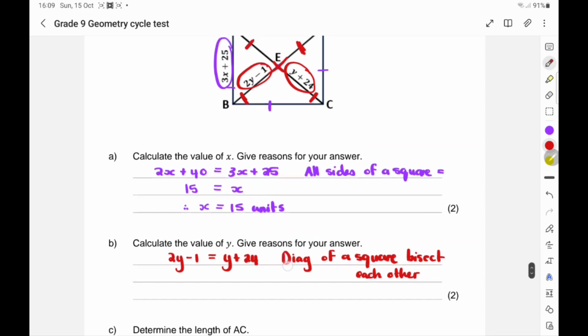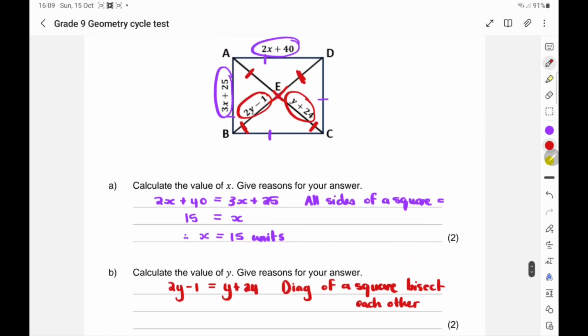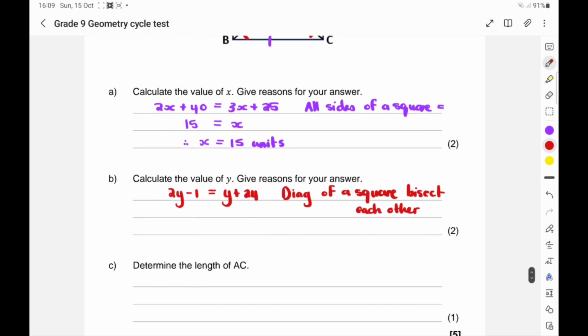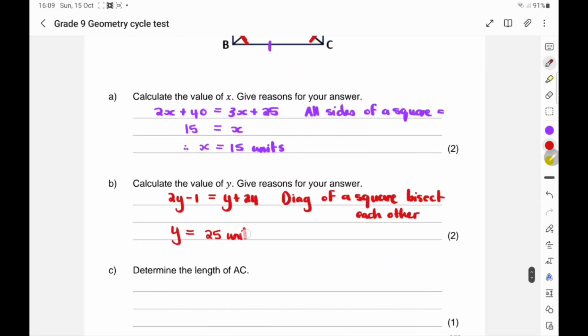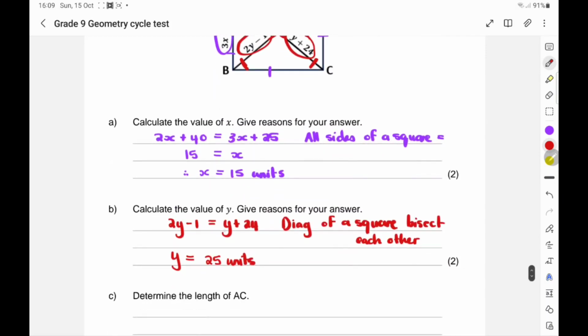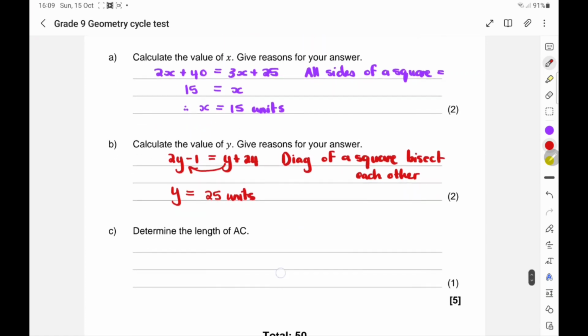So all four parts of the diagonals inside, it's a little bit hard to explain, bisect each other. So they're all equal in length. Okay, and then we can work out y is equal to 25 units. Okay, so 2y minus y is y, 24 plus 1 gives you 25.